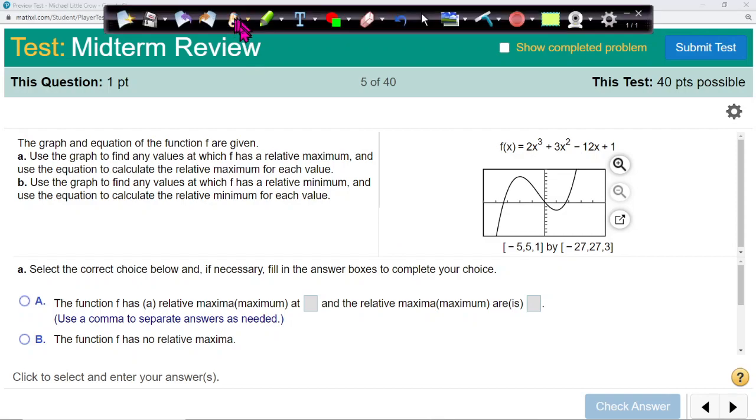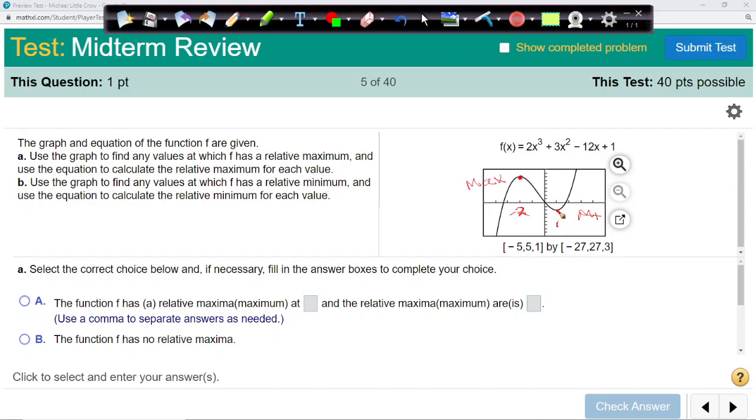We can see from the graph that here's a maximum right here, and we can see that's happening at x equals -2. And then we see a minimum over here, and that's happening at +1.